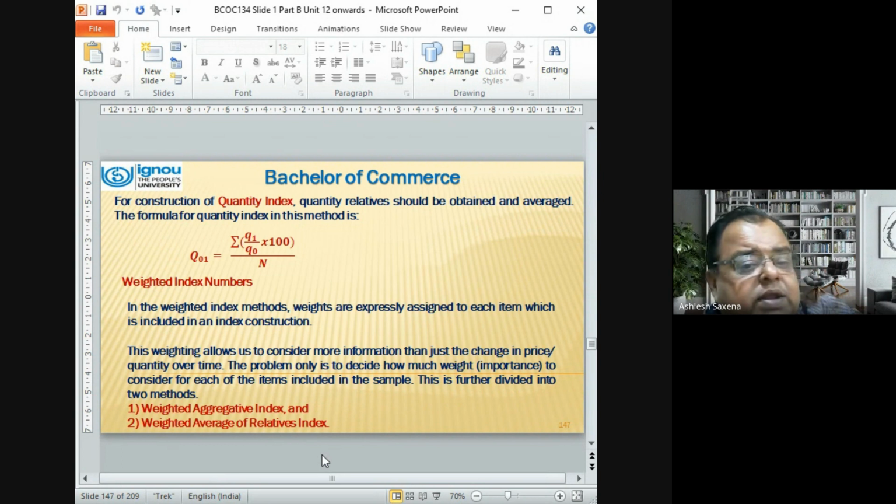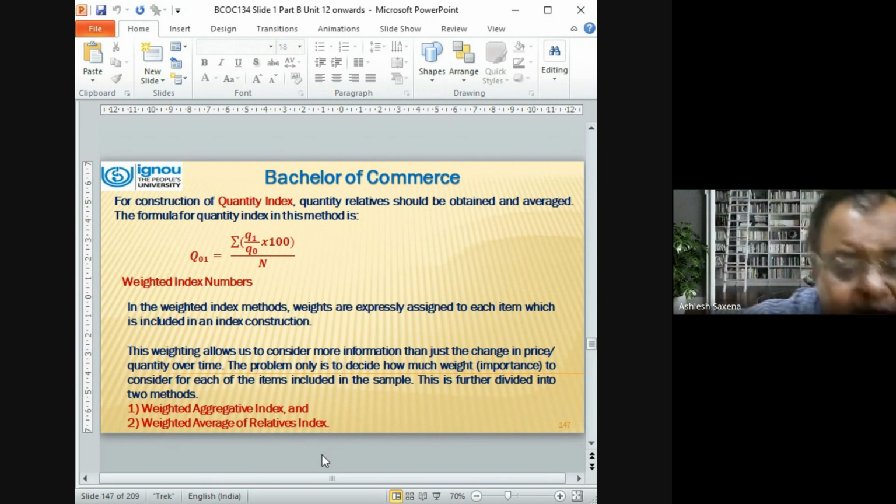Now the weighted index number. In the weighted index method, weights are assigned to each item which is included in an index. The weighting allows us to consider more information than just the degree of change in price or commodity over time.